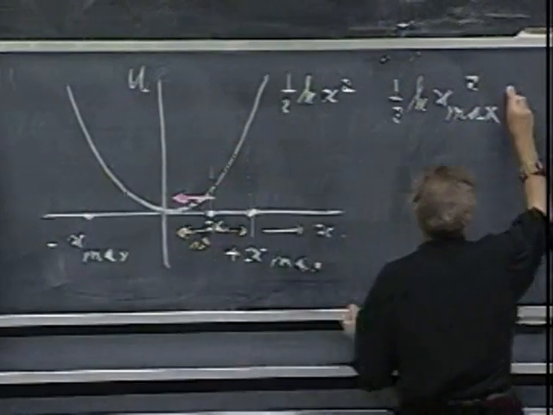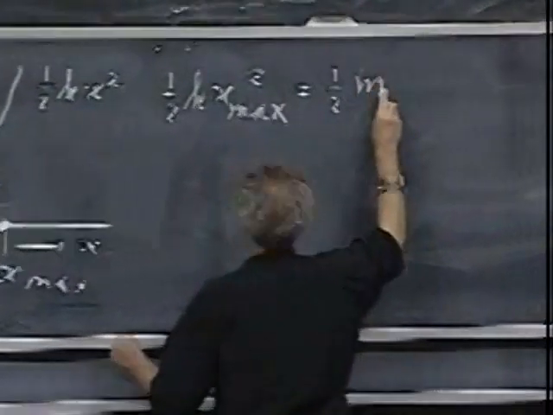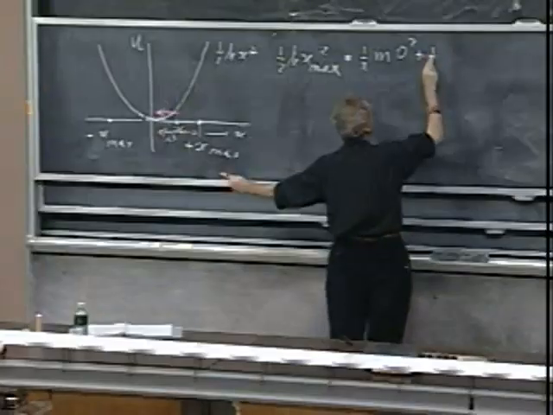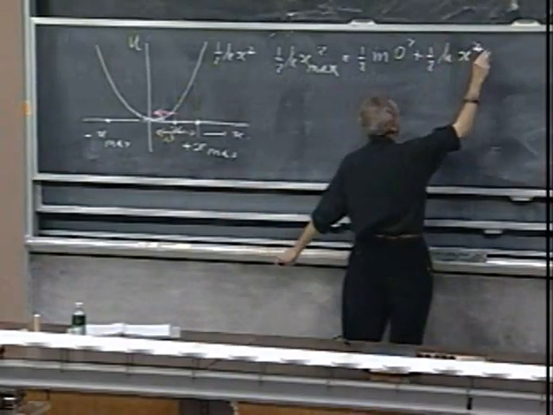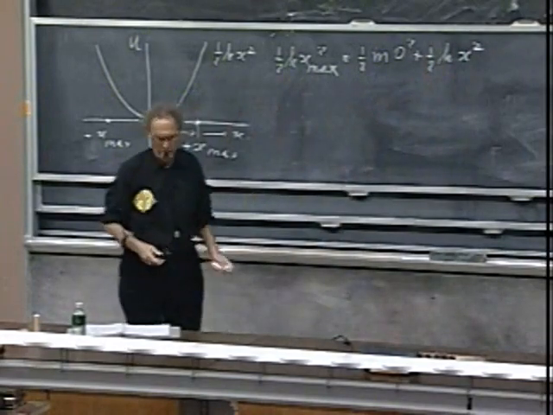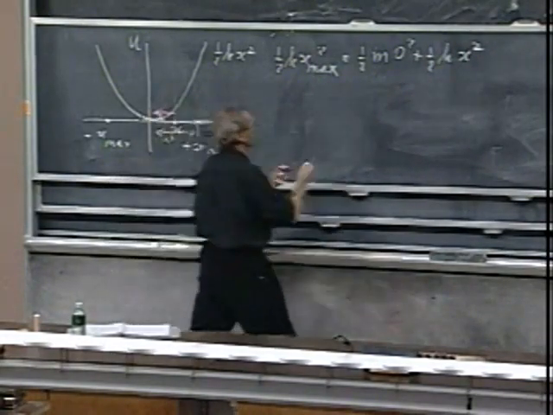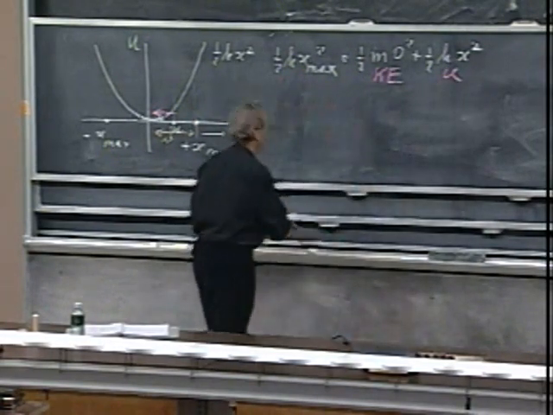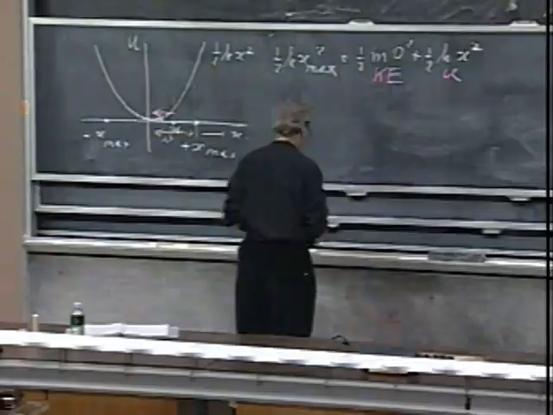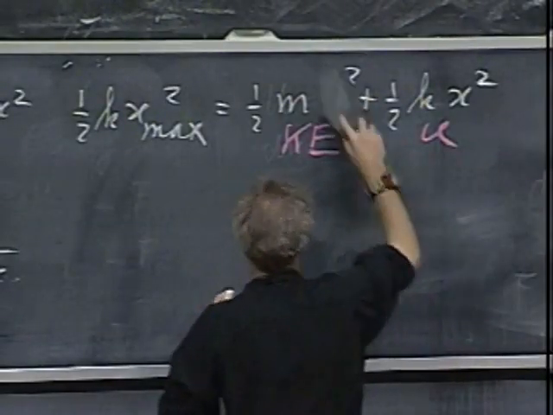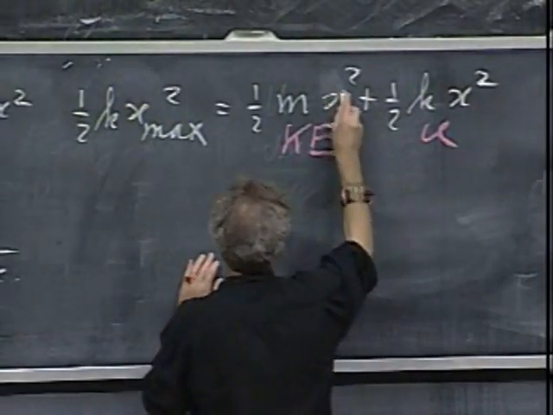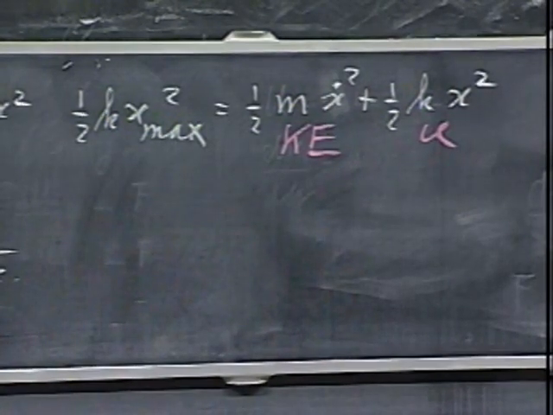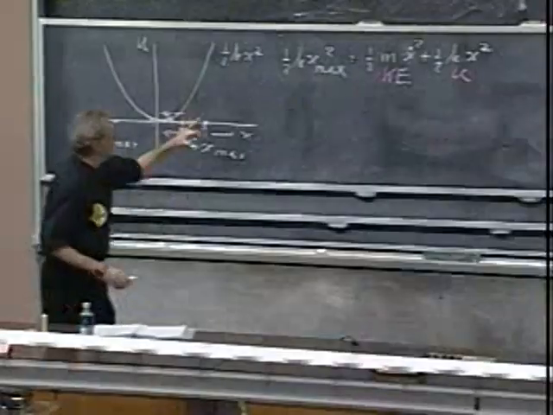So that must now be 1/2 m v squared at a random position x plus 1/2 k x squared, which is the potential energy at position x. So this is the kinetic energy, and this is the potential energy. v is the first derivative of position versus time, so I can write for this an x dot. And now I'm going to rewrite it slightly differently.